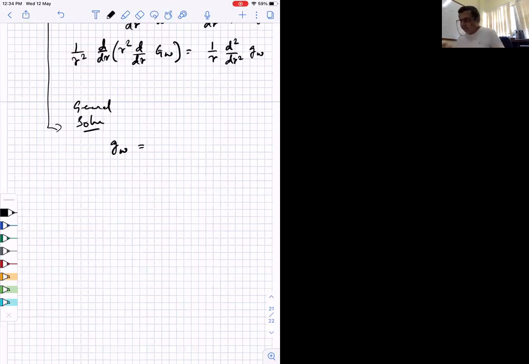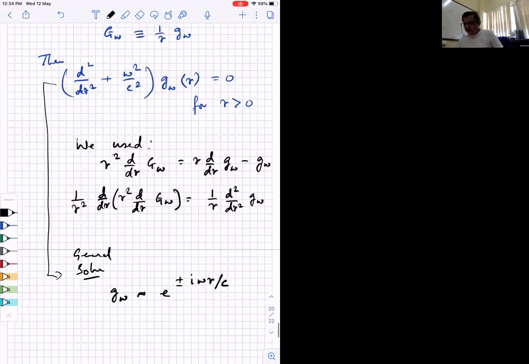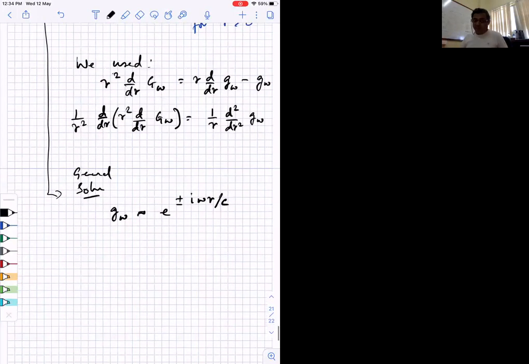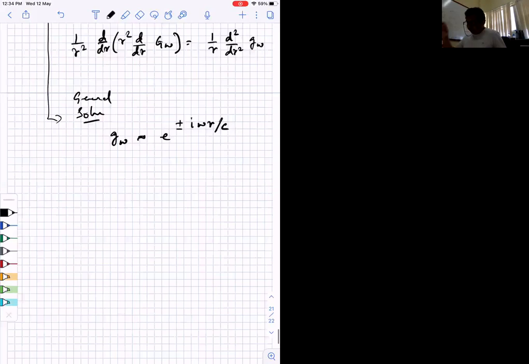Okay, so let's say we take the GW to be e to the power plus minus i omega r by c. This kind of solution you must have seen many times in electronics or coupled equation solutions.